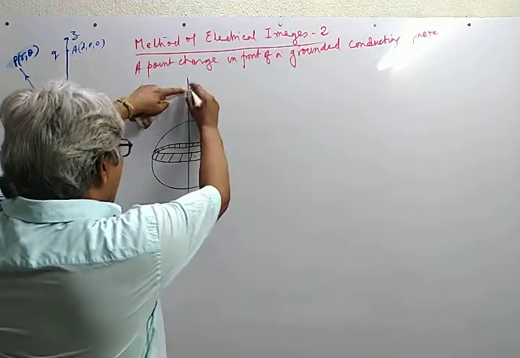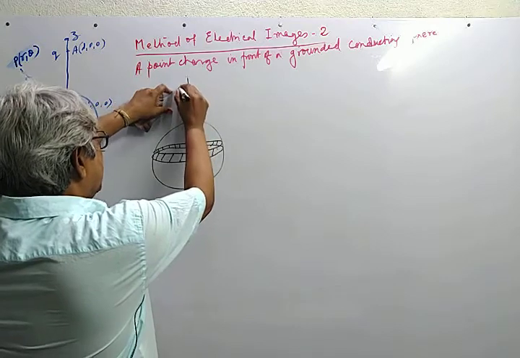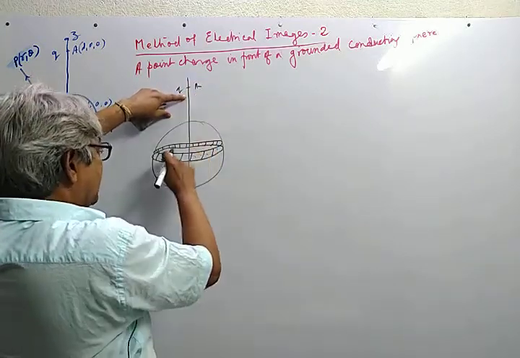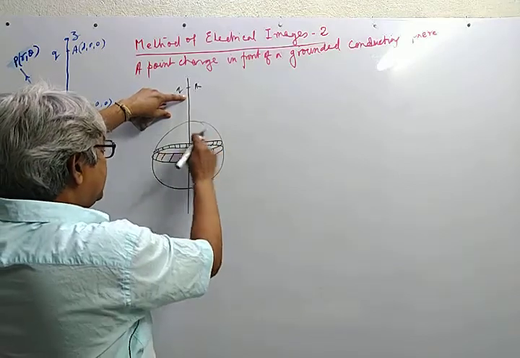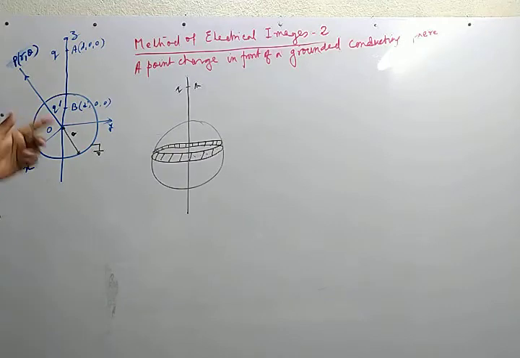Because all the points on this strip are equidistant from the inducing charge, the same charge will be induced on the strip. That is to say, the system will have an azimuthal symmetry.